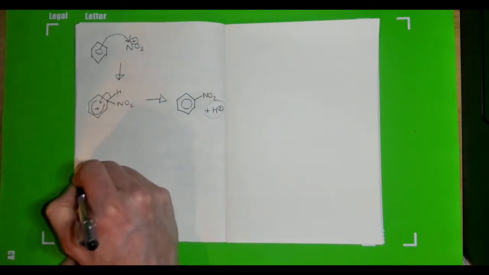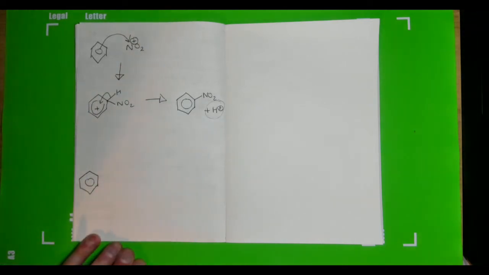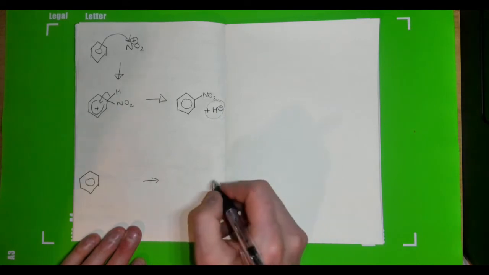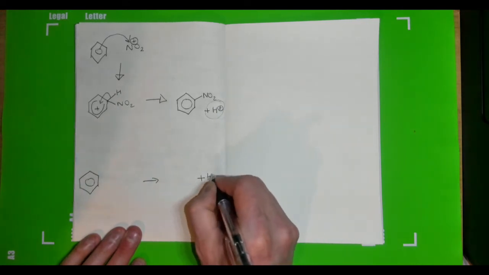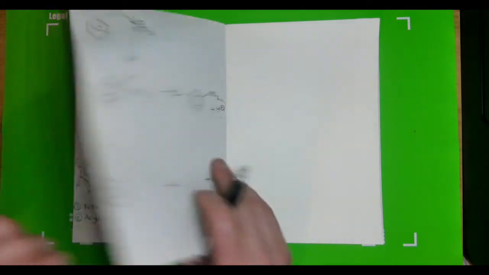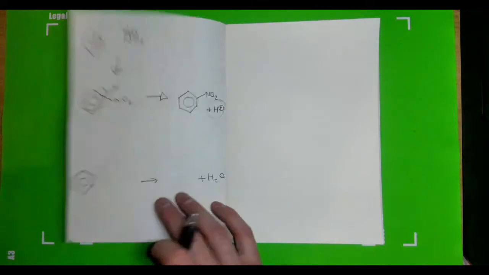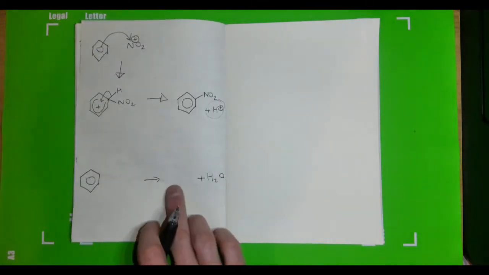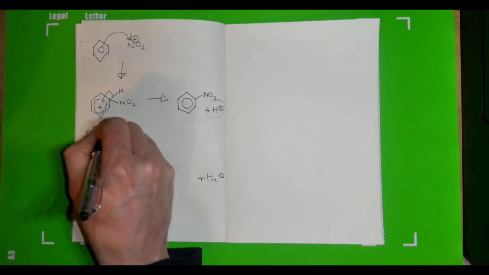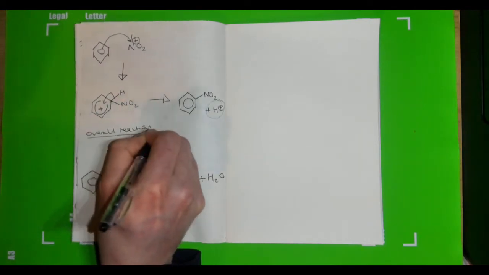So start off with my structure with the benzene ring in it. And I know that I'm going to make water as one of my products, because the water isn't involved in the mechanism at all. It appears here as a product, and we don't use it in this step here. Therefore, water must be in the overall mechanism. Remember, this is the overall reaction. The mechanism is above.